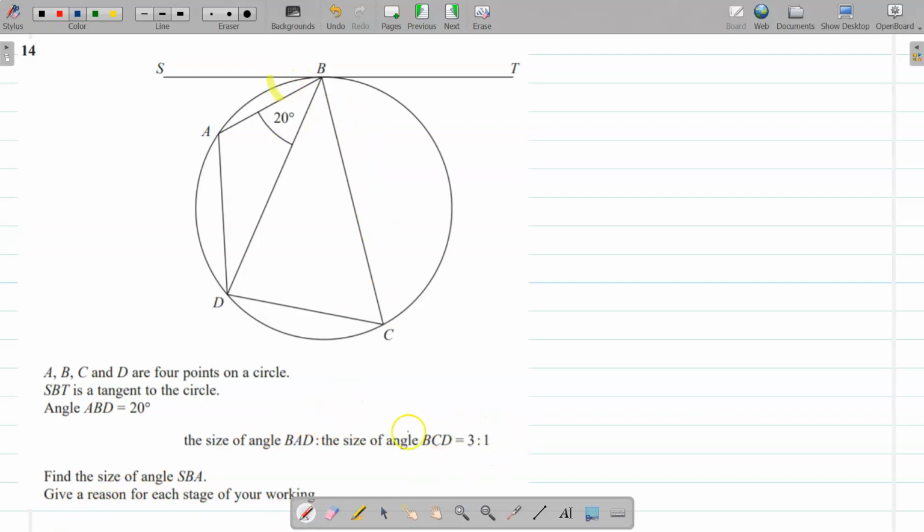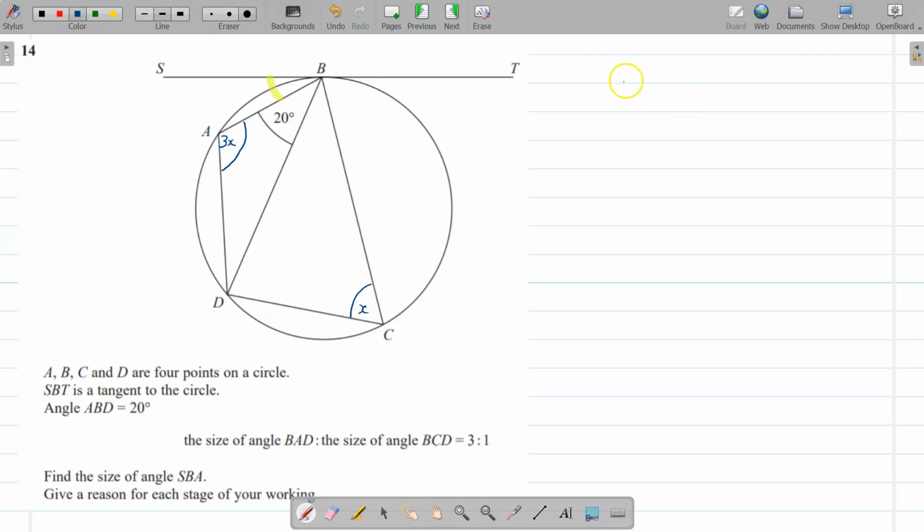We know that the angles BAD to BCD are in the ratio 3:1. So basically this angle here is 3 times this angle here. I'm going to call this x and this 3x.